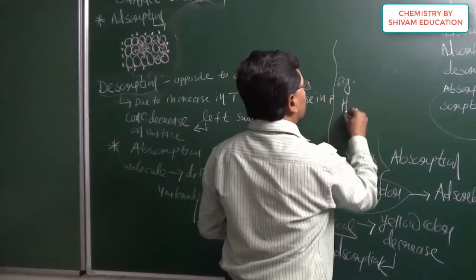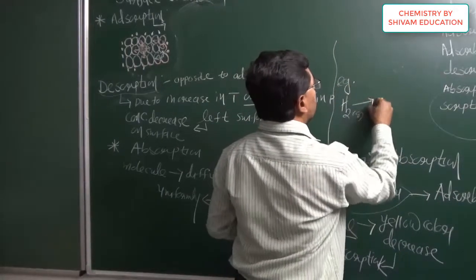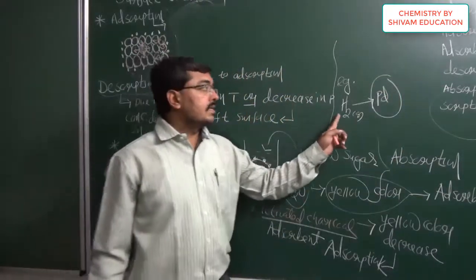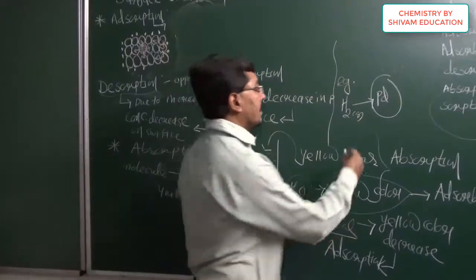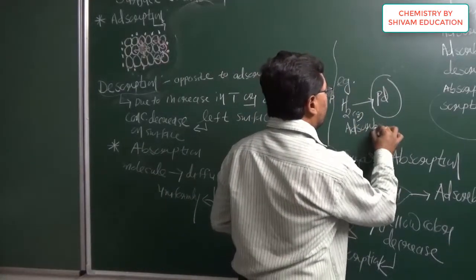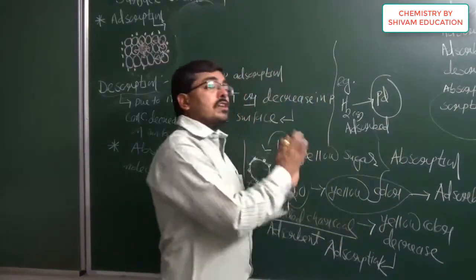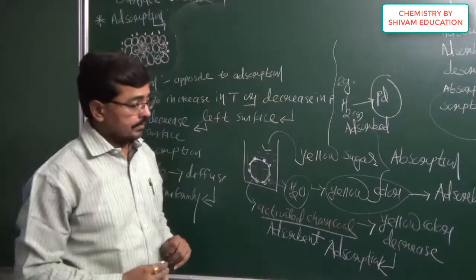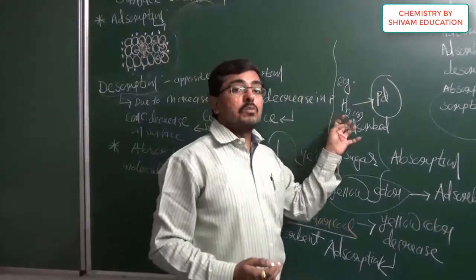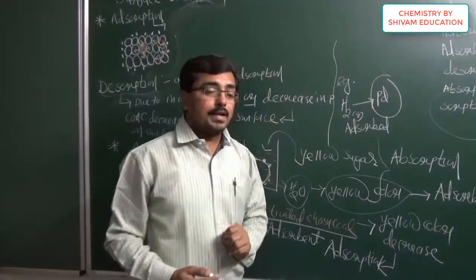Now hydrogen gas on palladium surface. Palladium is a metal. When hydrogen gas is on a palladium surface, first it will be adsorbed. When it is adsorbed, it means its concentration will be more on the surface. But after some time, this hydrogen gas starts to penetrate the surface of palladium.